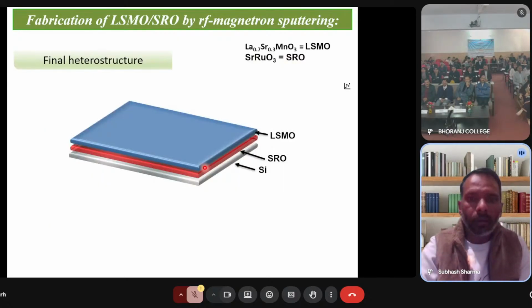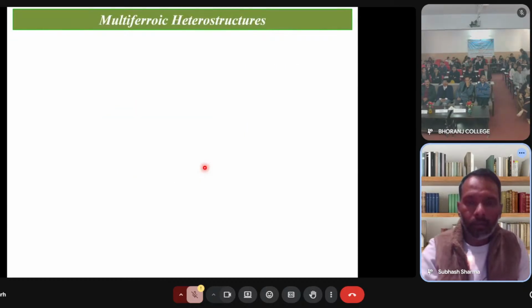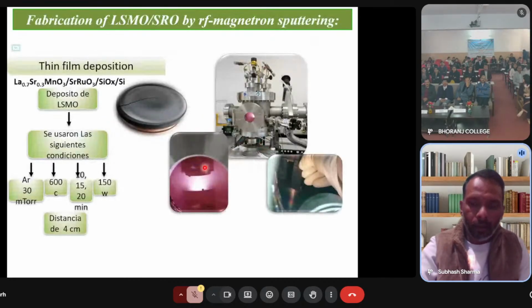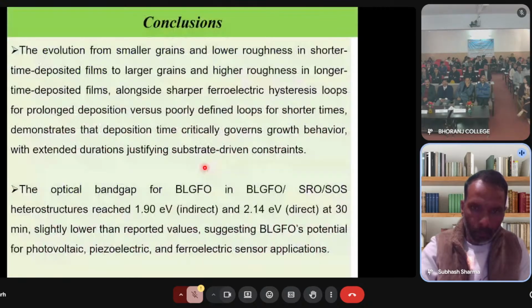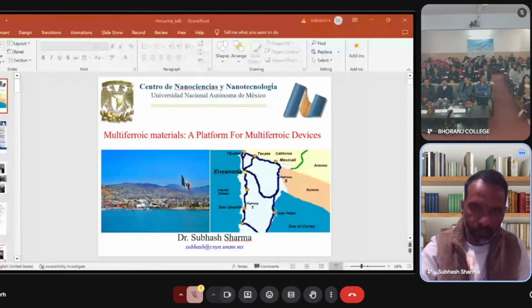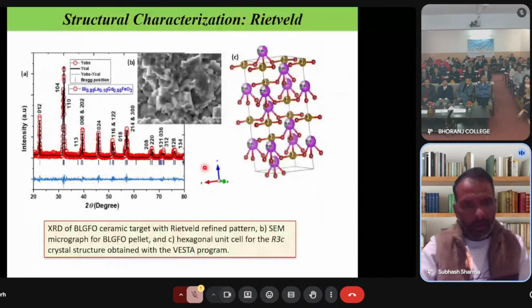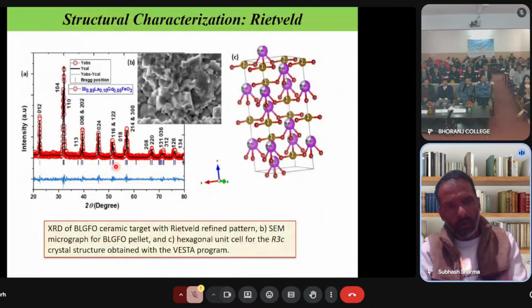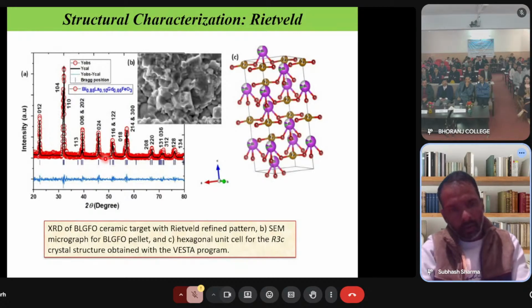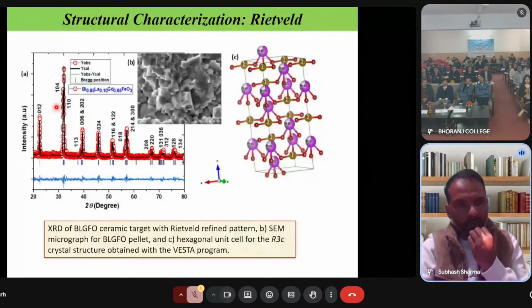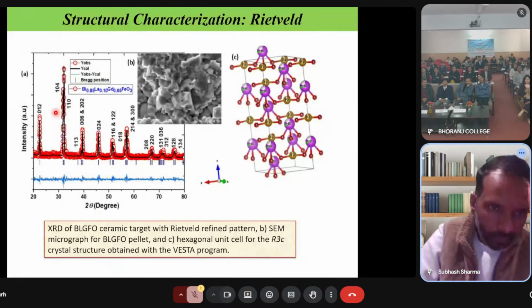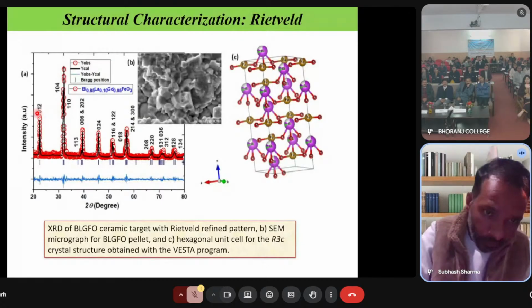So we are here discussing the properties, X-ray diffraction. This is XRD from the target. We have a rhombohedral distorted structure. Then we fit it with Rietveld just to extract the lattice parameters. And I guess all the master students must know about these numbers, right?